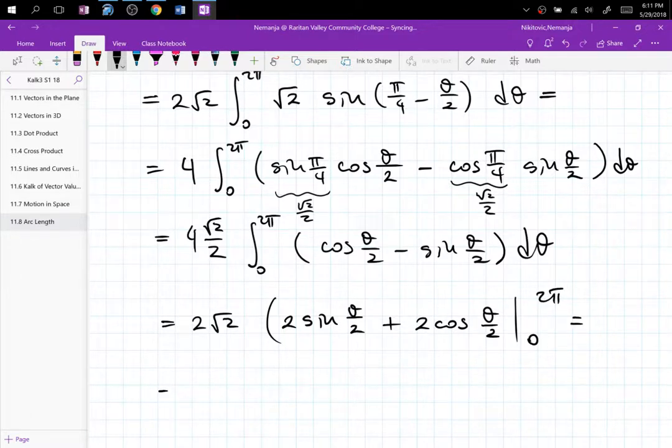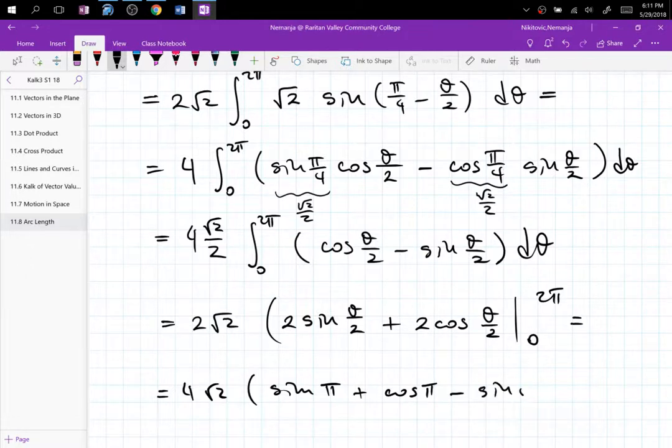Kick out 2, we get 4 root 2, and then I have sine of pi plus cosine of pi minus sine of 0, and then minus cosine of 0.